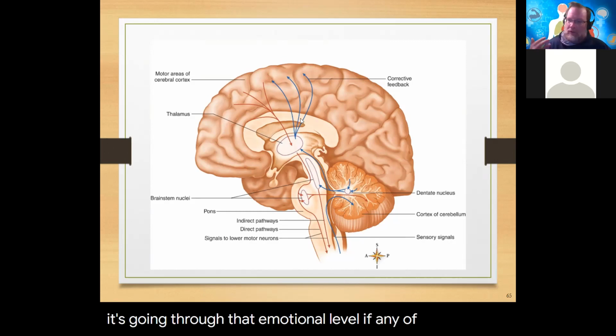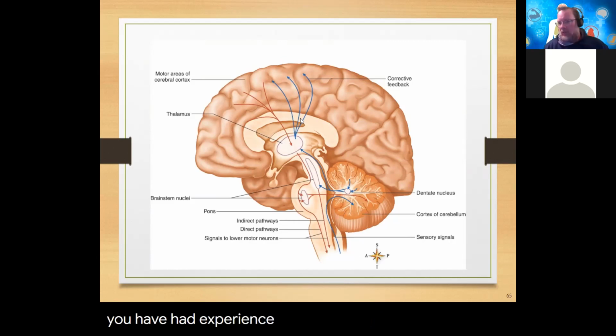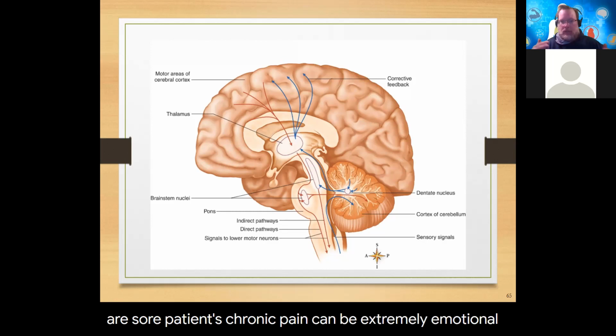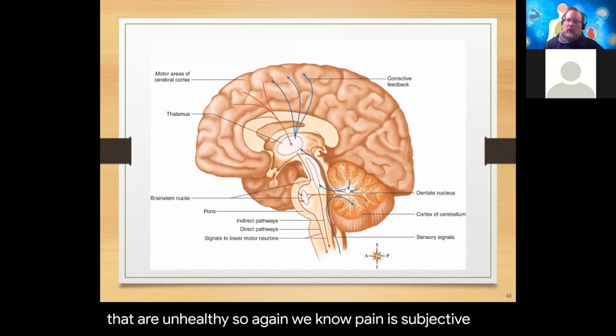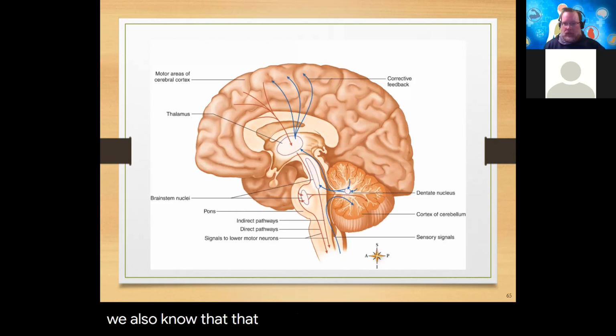If any of you have had experience with it, whether you yourselves or patients, chronic pain can be extremely emotional, detrimental to the emotions. It can lead to thought patterns that are unhealthy. So again, we know pain is subjective, but we also know that every individual's perception of pain is relevant, and it's up to us to figure out a way to treat it.